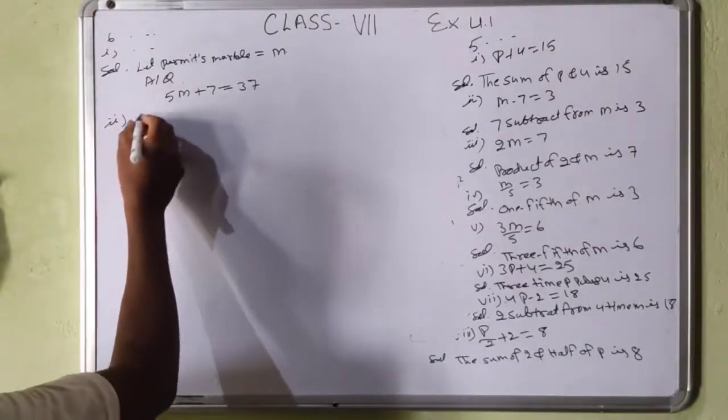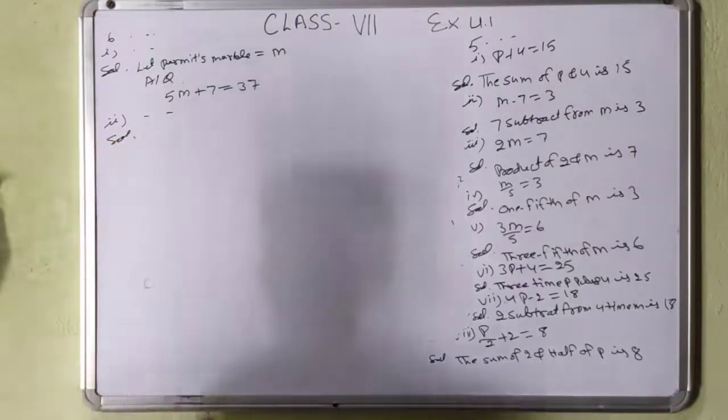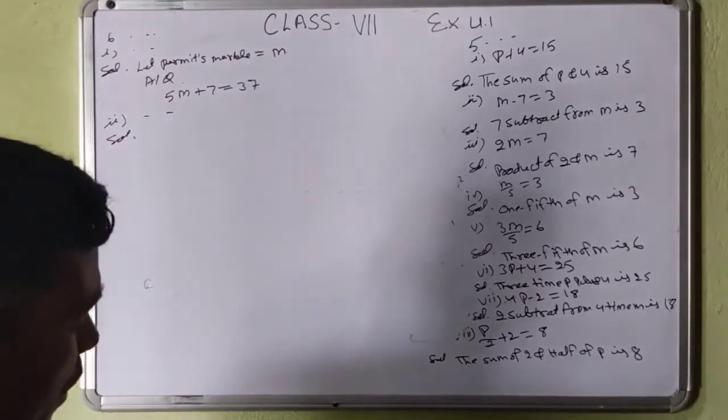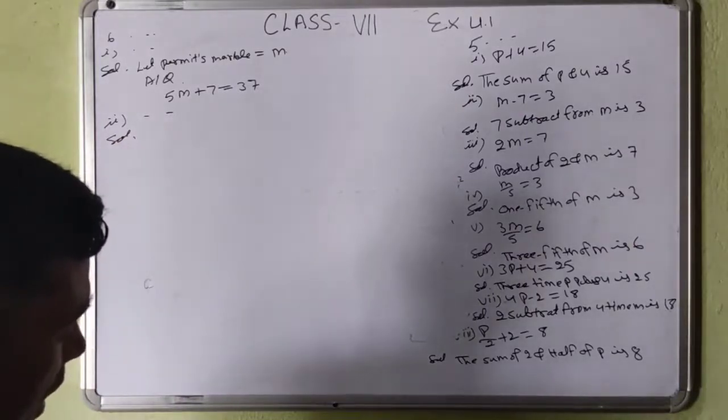Second part, solution. Lakshmi's father is 49 years old. He is 4 years older than 3 times Lakshmi's age.